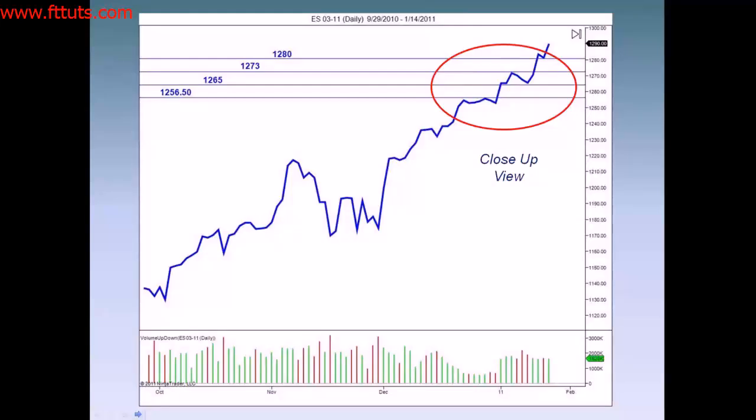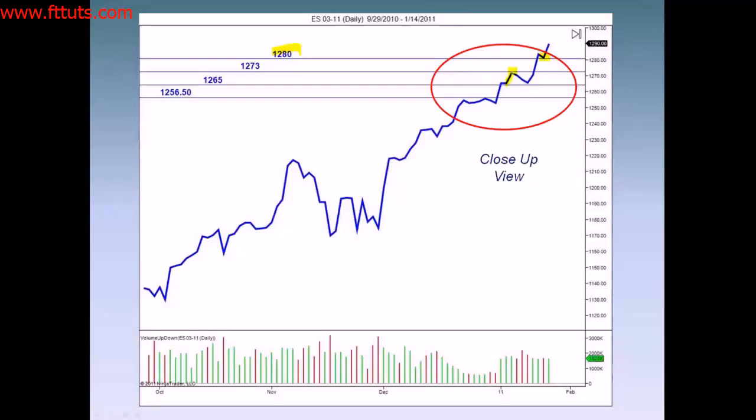This is the same line diagram that we were looking at, but a magnified view of the period where we have drawn our support levels. So you can see clearly where the support is. The very first one that we identified was the 1280 level. The second support level that we identified was this level. Now notice, this is one of those levels where at one point it was in fact resistance.